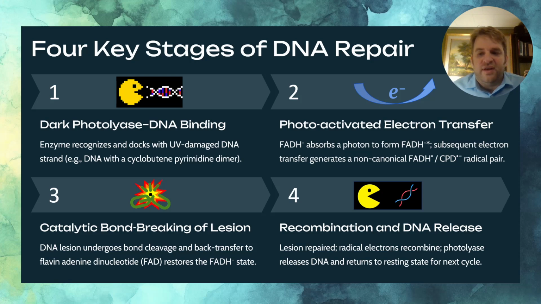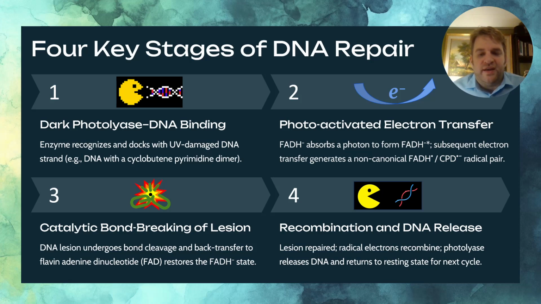And then the subsequent electron transfer from the excited cofactor generates a non-canonical FADH CPD radical pair. Now in step 3, shown here, catalytic bond breaking of the lesion occurs. The excited electron induces a bond breaking event, and then there's electronic back transfer back to the flavin adenine dinucleotide to restore its fully reduced state.